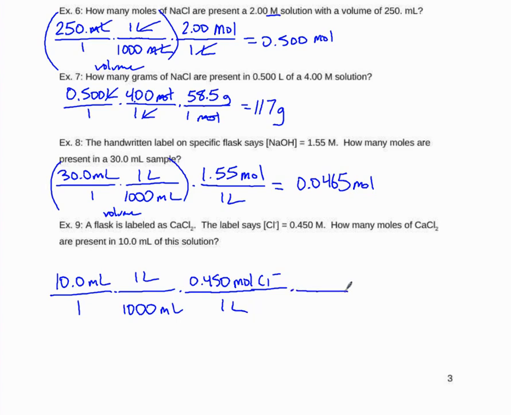Then we look at chloride and we see how many chlorides are in each of these calcium chlorides. So there are 2 chlorides for every 1 CaCl2. And so this is going to tell us the number of moles of calcium chloride. 0.00225 moles.